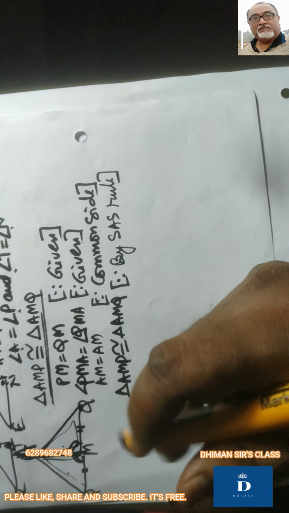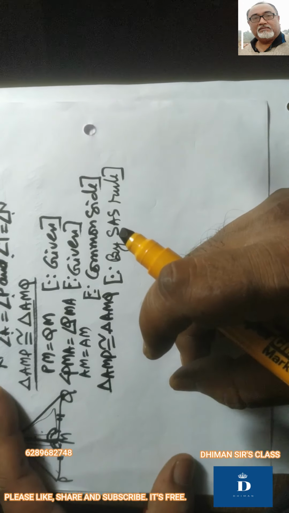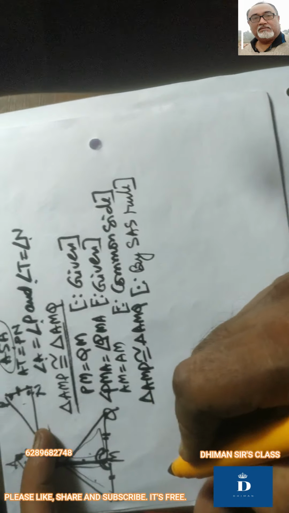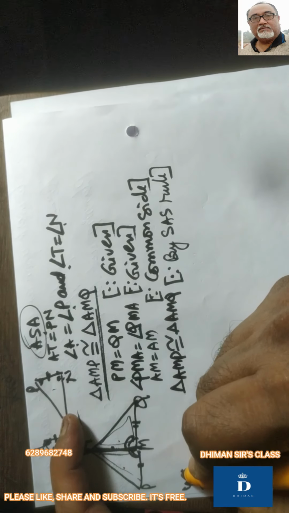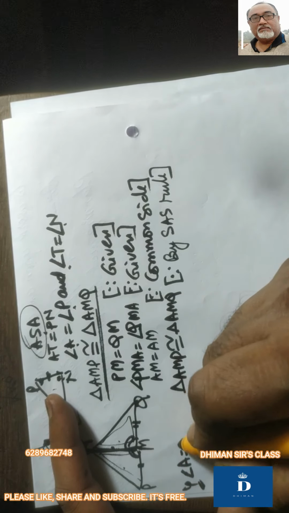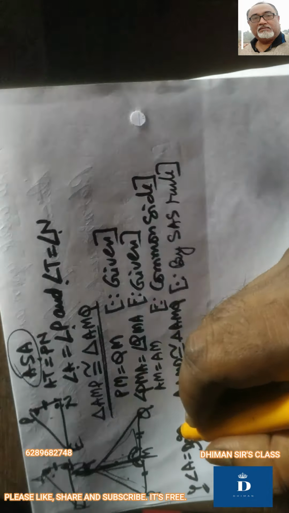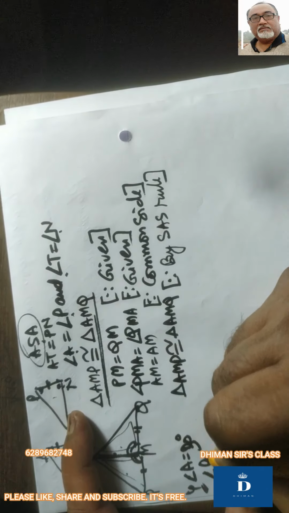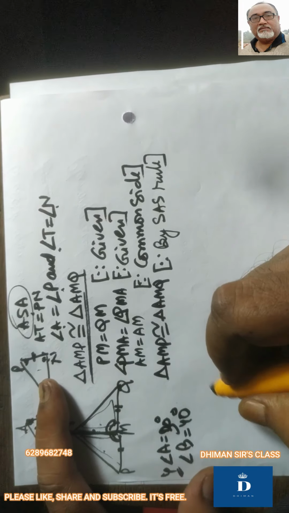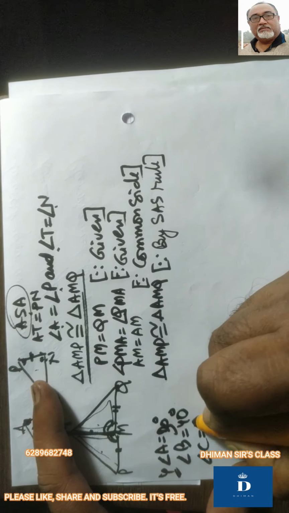Okay. Now next question. Question number 4. In triangle ABC, angle A is equal to 30 degrees, angle B is equal to 40 degrees, and angle C is equal to 110 degrees.